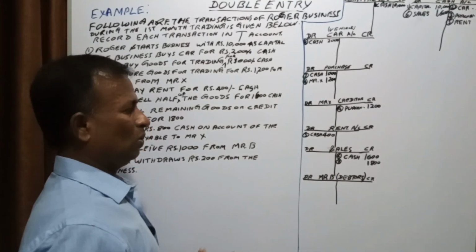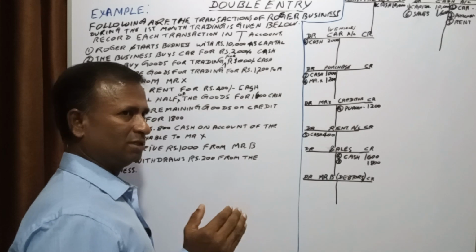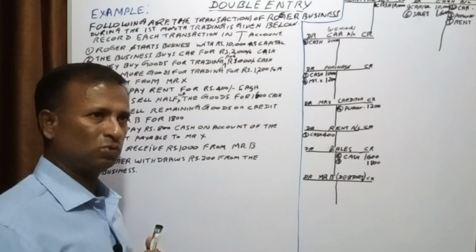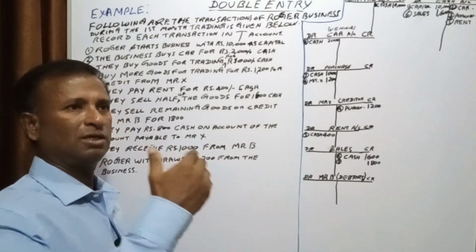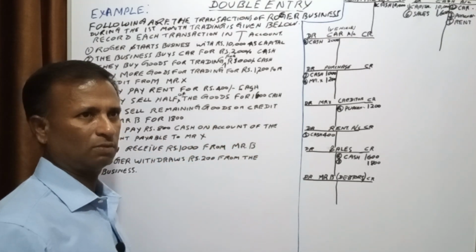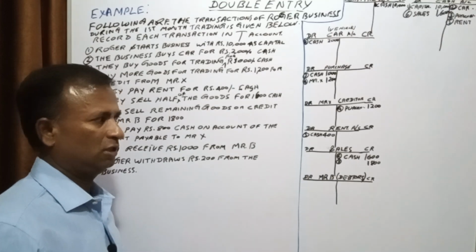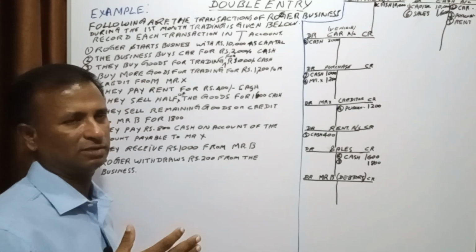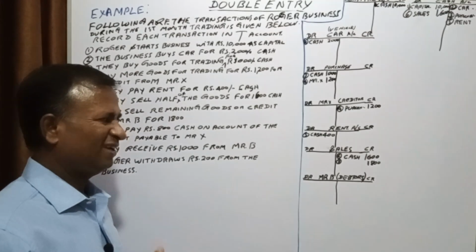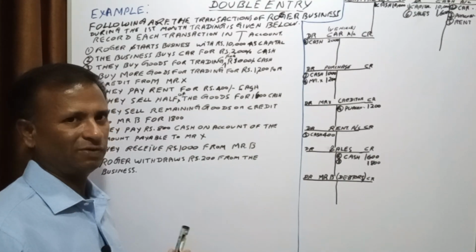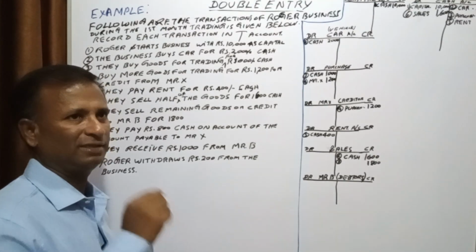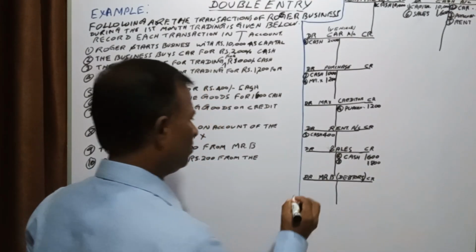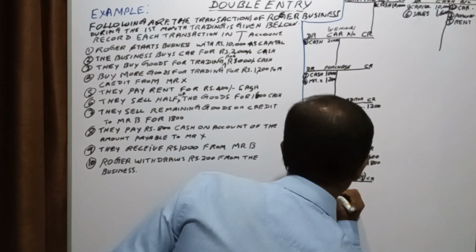So he is the person who has to give money to us. Means it is receivable, accounts receivable. If it is accounts receivable, it is coming under the assets, current assets. If there is an increase in assets or current assets, then that has to be debited. Then Mr. B's account is debited with the 1,800.